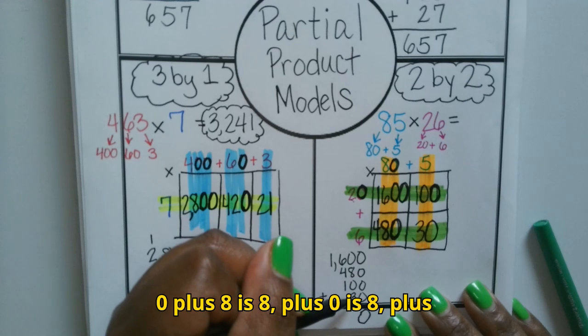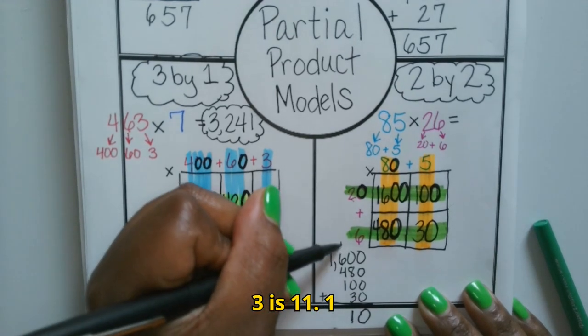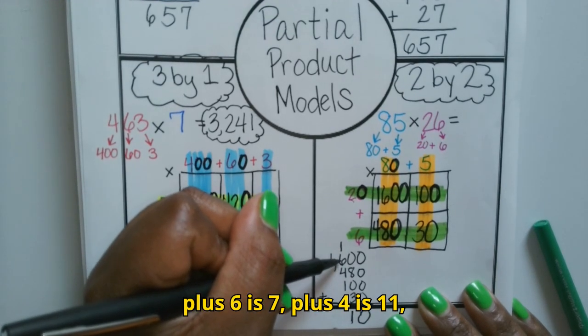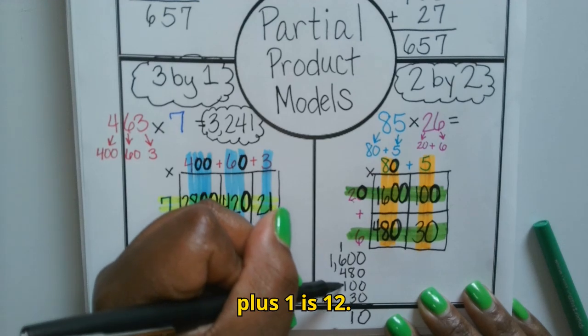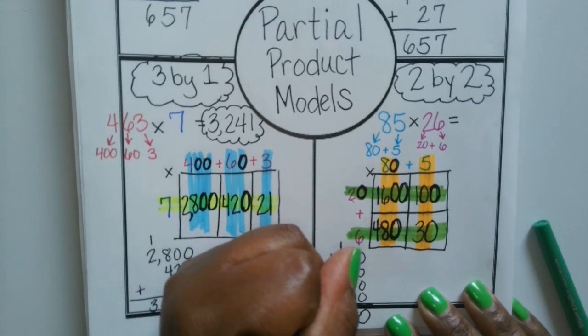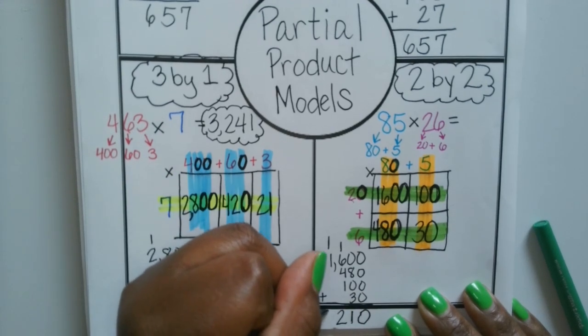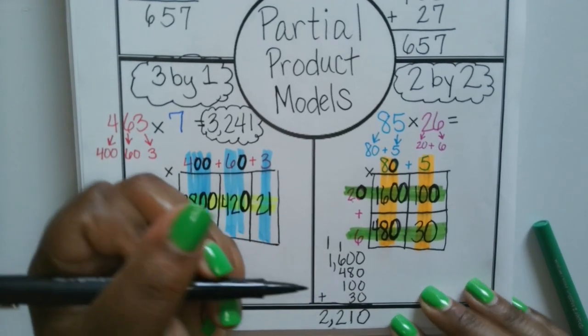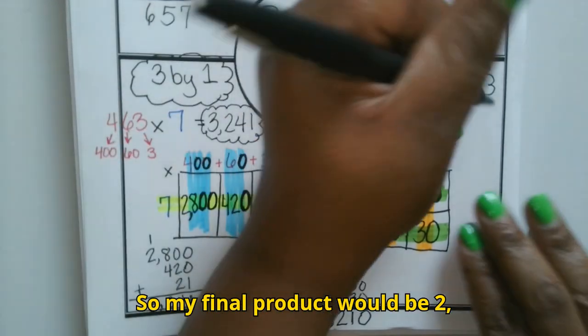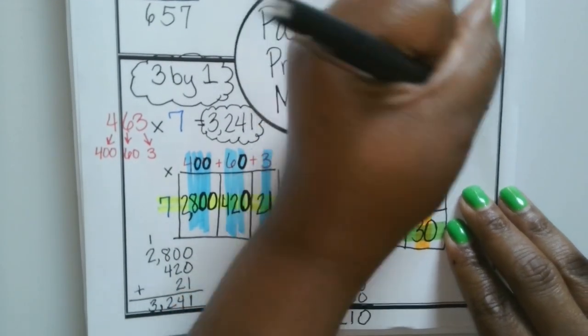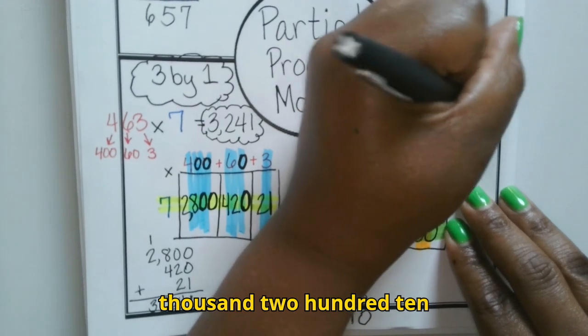Plus 0 is 8. Plus 3 is 11. 1 plus 6 is 7. Plus 4 is 11. Plus 1 is 12. And then 1 plus 1 is 2. So my final product would be 2,210.